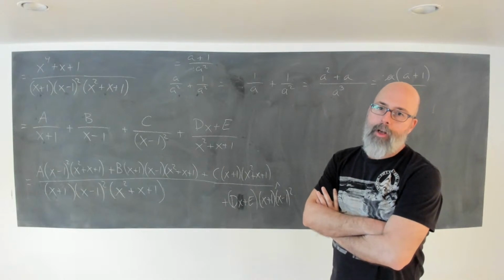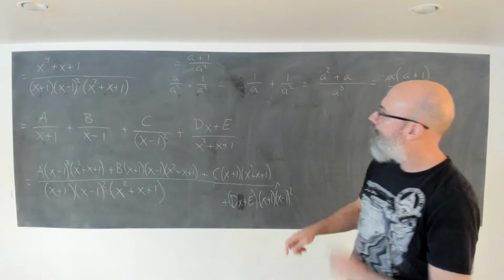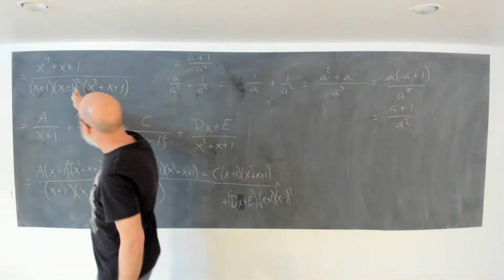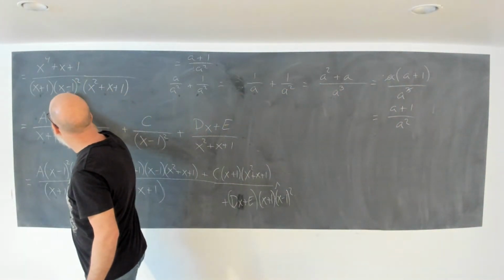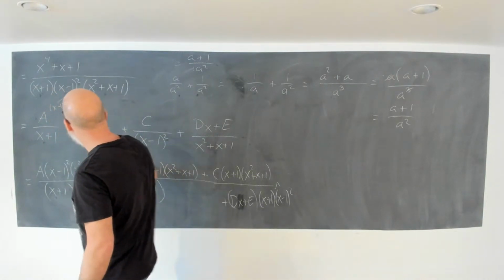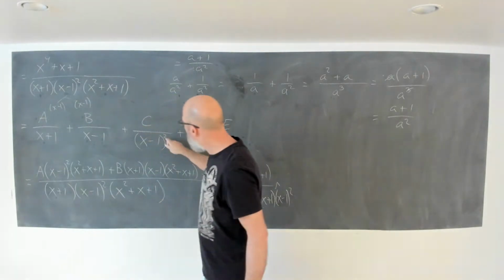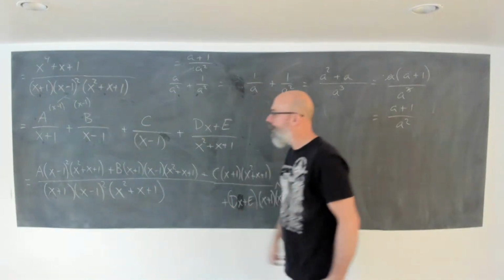Can you elaborate why, if we did not combine them, how the answer would be different? Well, if you had just x minus 1 times x minus 1 and you treated them as being different, then you would have a b over x minus 1, and then you would have a c over x minus 1 again.